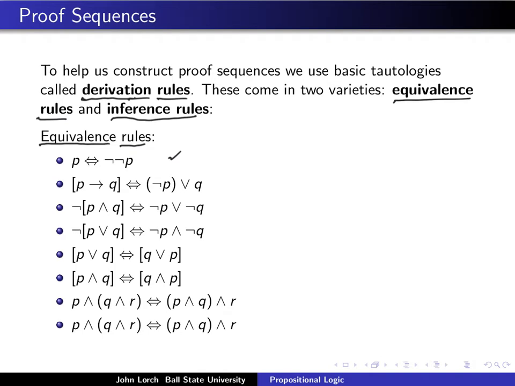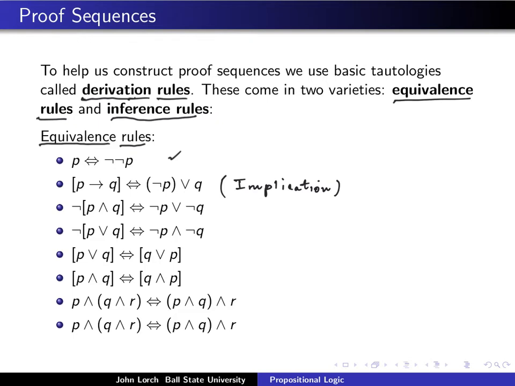This second one is one that's maybe not as obvious, right? It's saying that if P then Q is equivalent to the statement not P or Q. Now this has a name. It's called implication. And it might be a good idea to check that with a truth table.